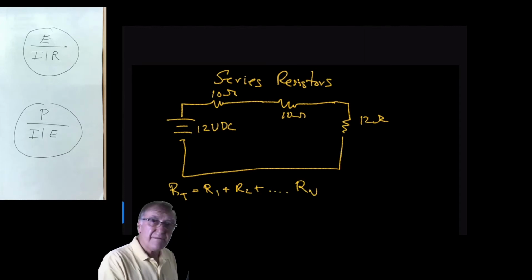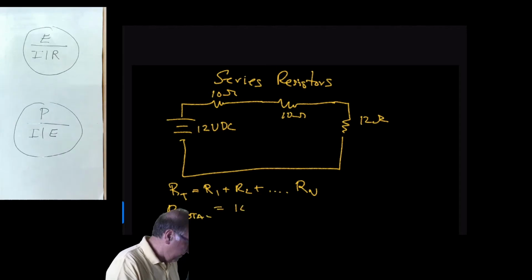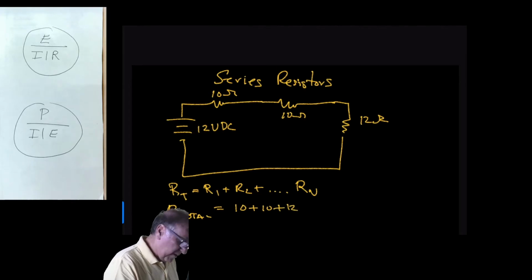Because you can have really an infinite amount of resistors in series, or n amount. Okay, and that would be our total, which is equal to, in this case, 10 ohms plus 10 plus 12, which equals 32 ohms.